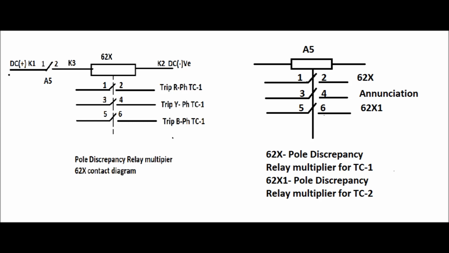As soon as A5 is energized, after a certain time, the contacts 1 and 2, 3 and 4, and 5 and 6 will close. As contacts 1 and 2 close, 62X will be energized. As soon as 62X is energized, it will send the trip of the R phase TC1, Y phase TC1, B phase TC1 by closing the contacts 1, 2, 3, 4 and 5, 6 respectively. Another contactor, 62X1, is used as the pole discrepancy multiplier for the TC2 circuit, which has not been shown in this video.